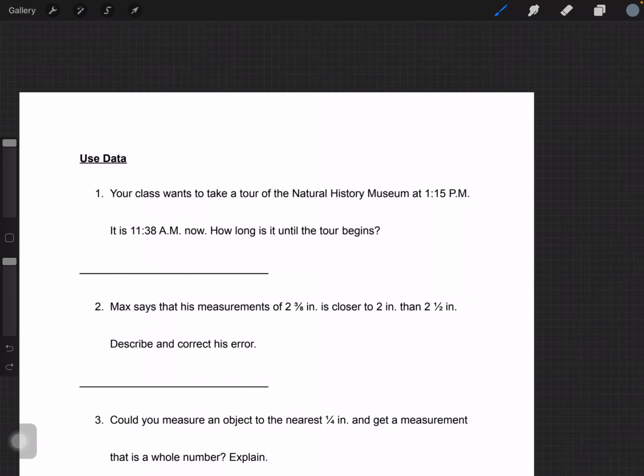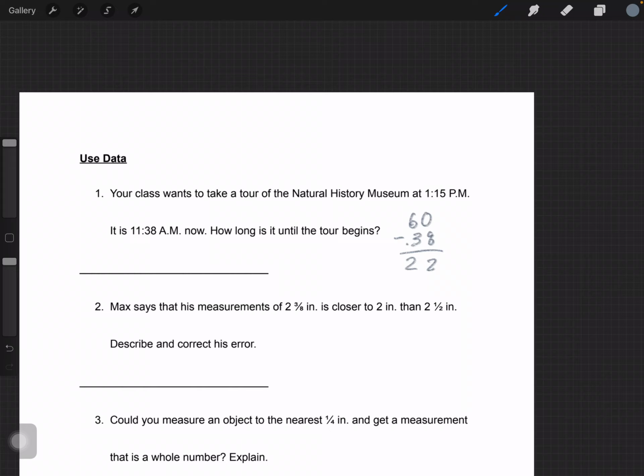From 11:38 a.m. to 12 p.m., we know there are 60 minutes in an hour, and we subtract 38. Now we have 22 minutes till 12 p.m. Now, 12 p.m. to 1:15 p.m. is 1 hour and 15 minutes, because 12 is like a resetting point.